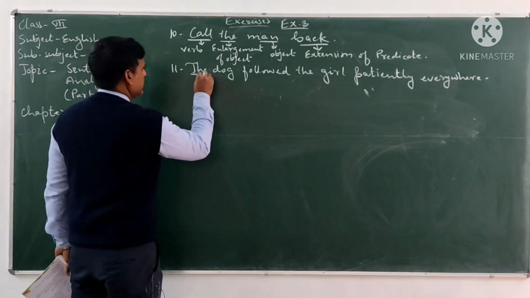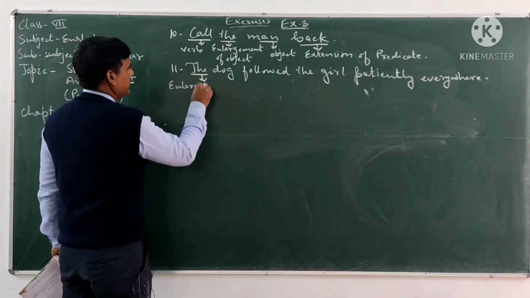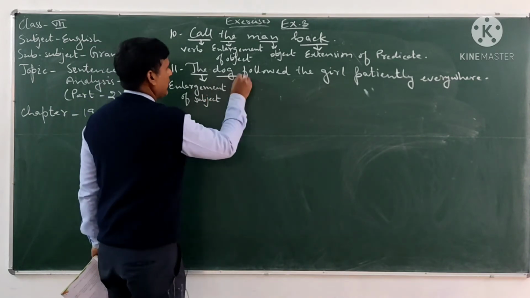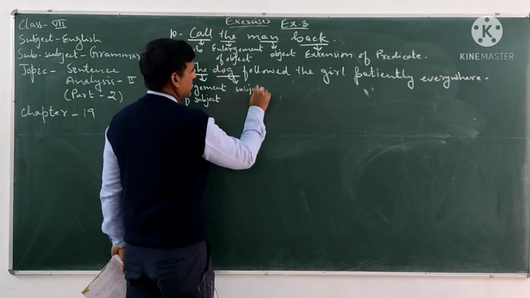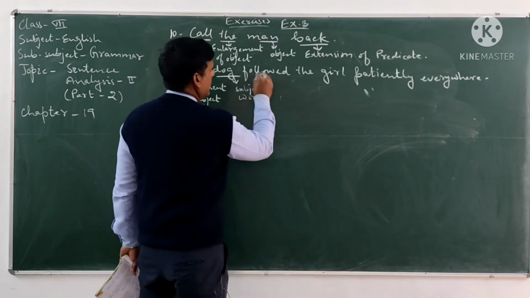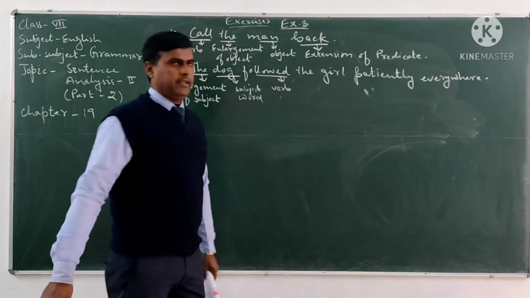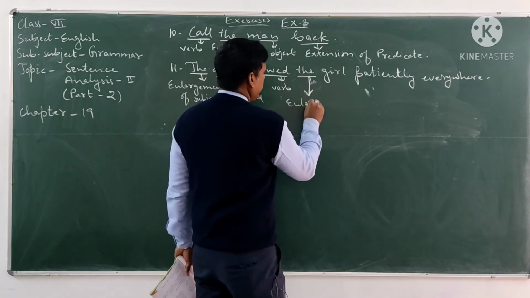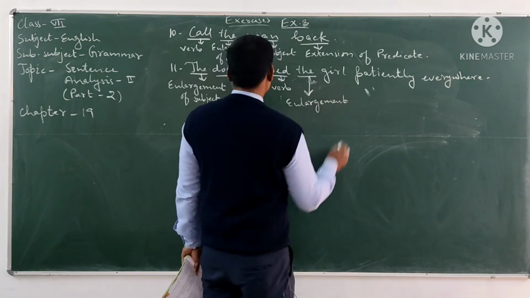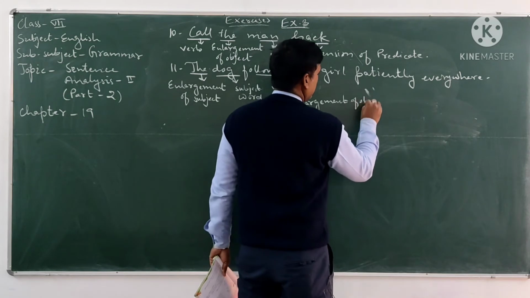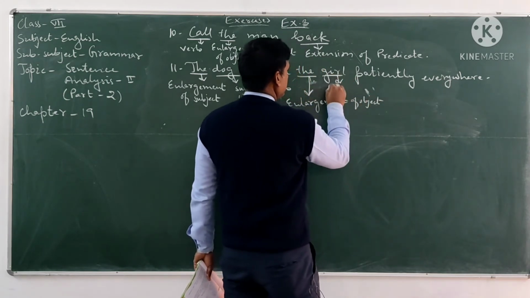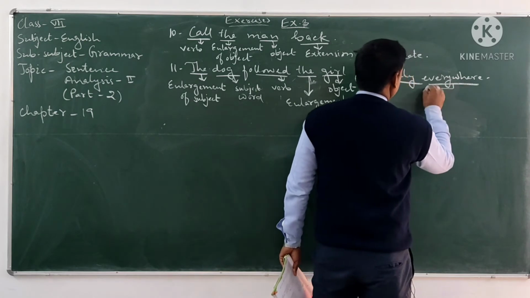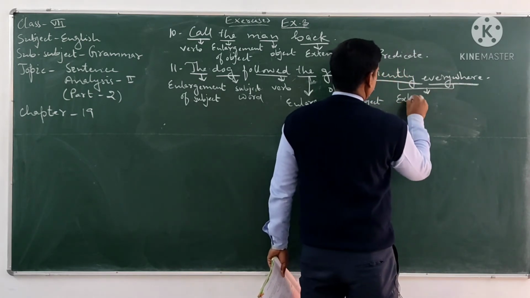So in this sentence, the is the enlargement of subject, dog is the subject word, followed is the verb, and the is the enlargement of object, girl is the object, and patiently and everywhere, these two words are extension of predicate.